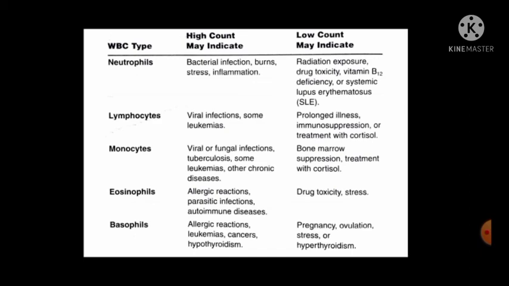At the time of pregnancy, ovulation, stress, or hyperthyroidism, meaning an increase in the secretion of the thyroid gland, the basophil count is lowered. These are all the cells, their functions, and when their counts increase and decrease. All these are very important from the NEET and pharmacy point of view.